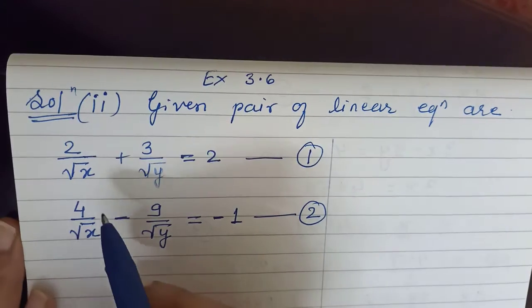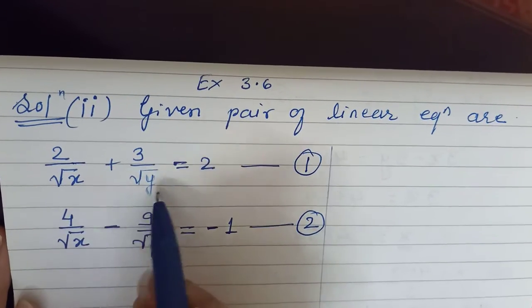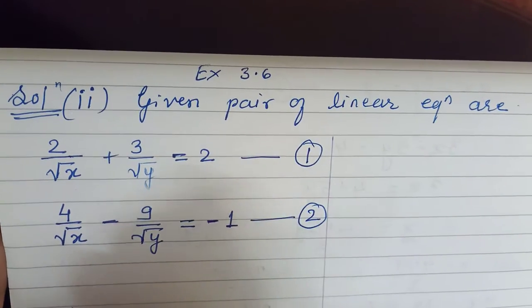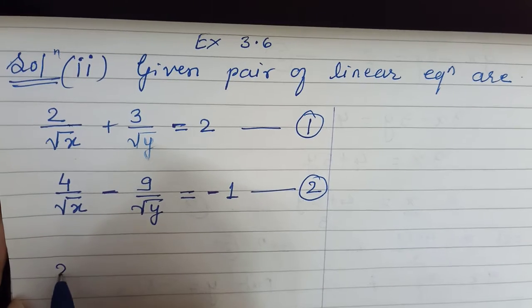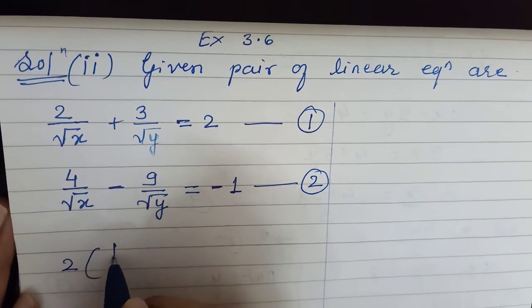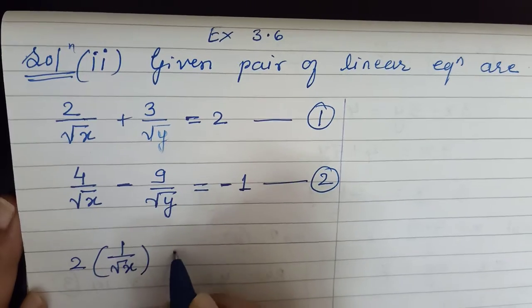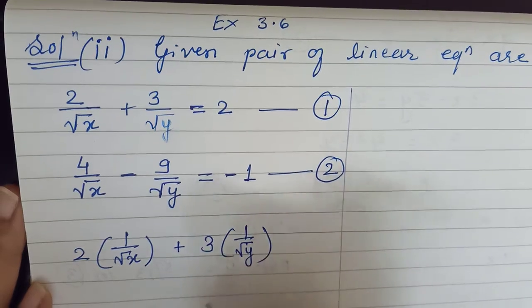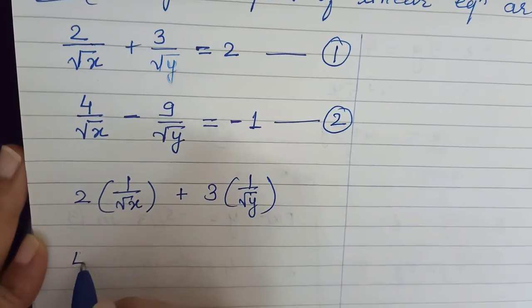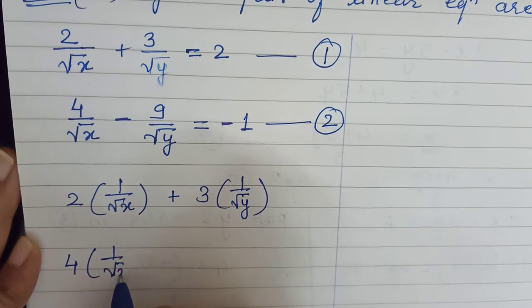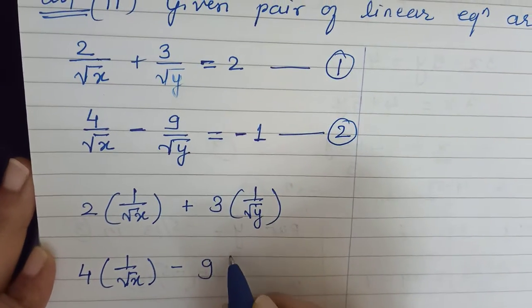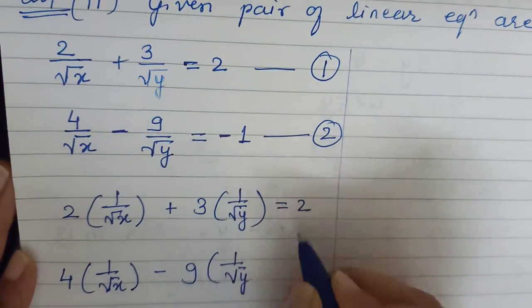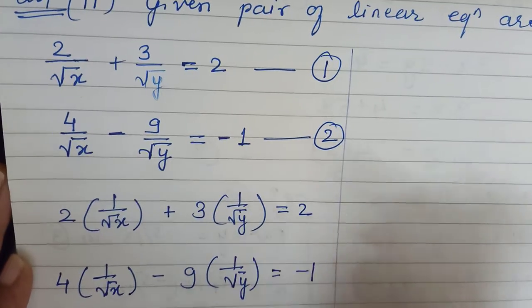So as I told you, we have to reduce these equations. To reduce them, we will try to keep the variable term inside the bracket, and we will write the above equations like this: 2 into 1 upon root x plus 3 into 1 upon root y equals 2, and the second equation will be written as 4 into 1 upon root x minus 9 into 1 upon root y equals minus 1.